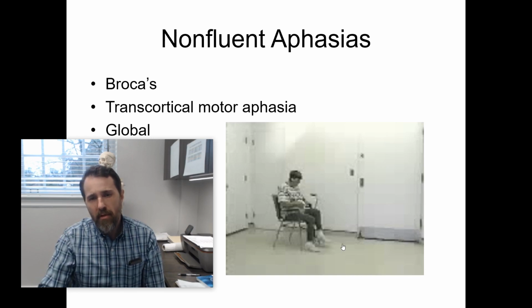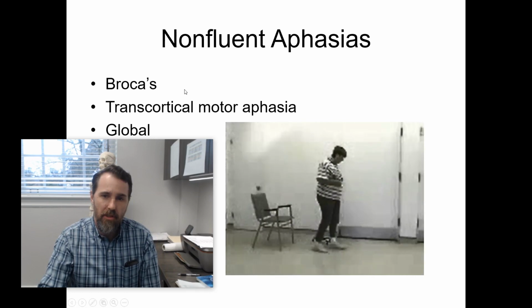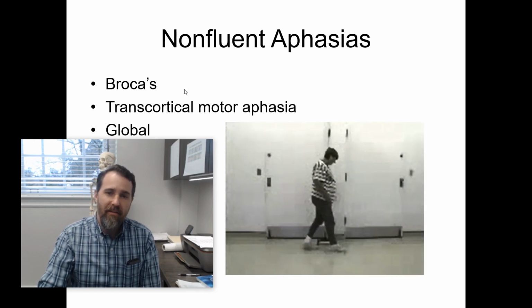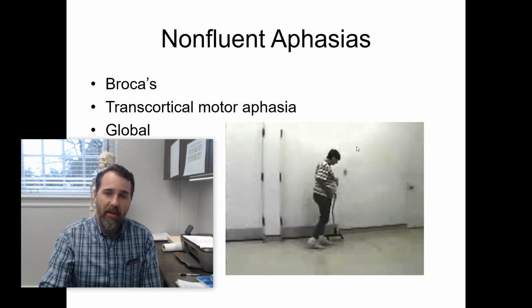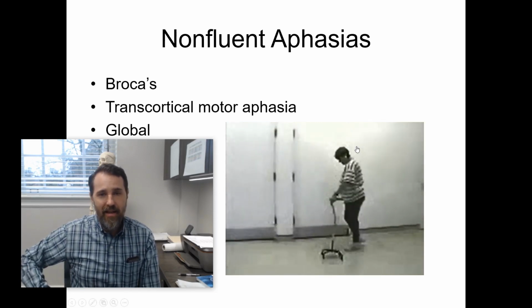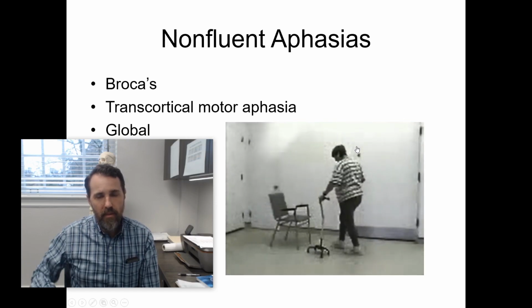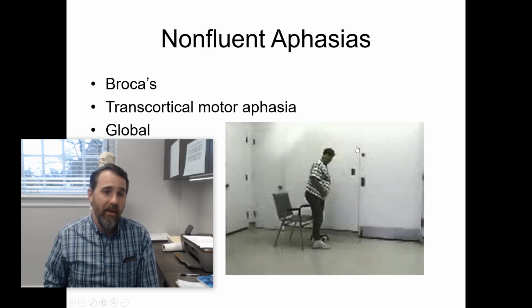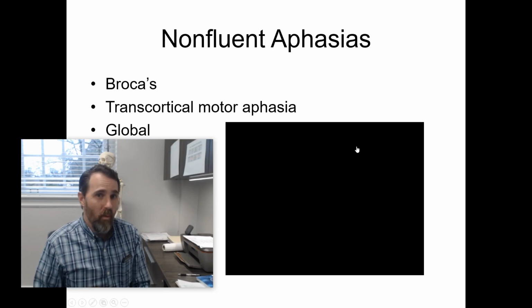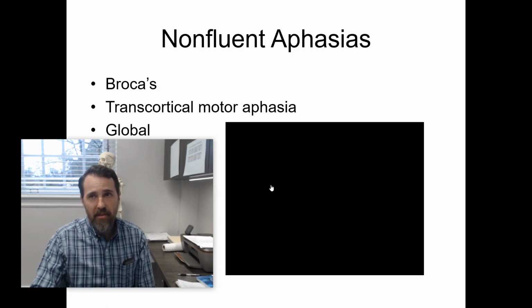So people with non-fluent aphasia are going to have a contralateral hemiplegia. So if they're walking, they're going to be walking like this with a walker and a spastic right arm. If they're not walking, they're going to be in a wheelchair, and you're going to see the same physical deficits.